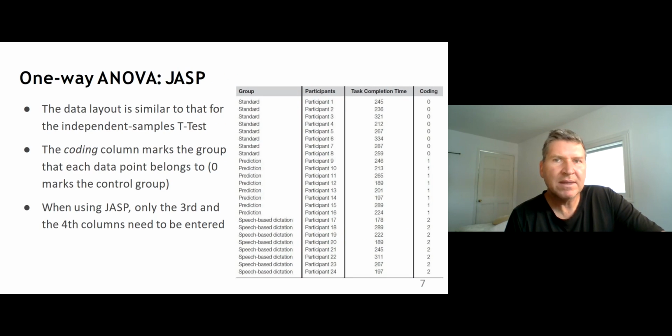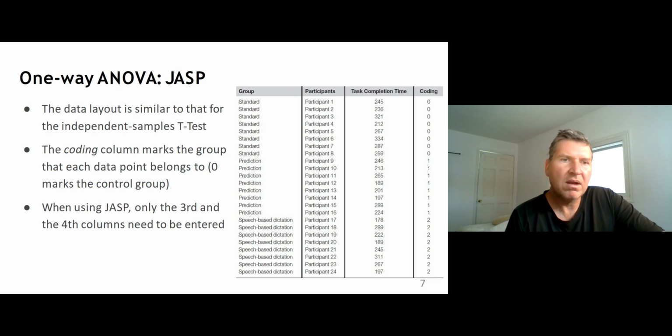Now, it looks very similar to the between group design that we had with the t-test, except for the fact that in the coding column, we have a 0, a 1, or a 2, which refers to the three different types of software. That's our independent variable. The dependent variable is the task completion time.